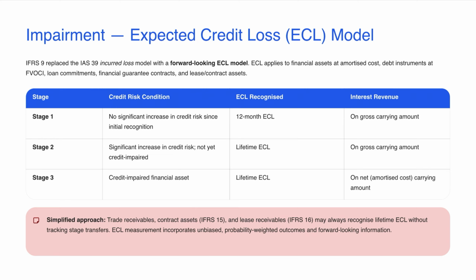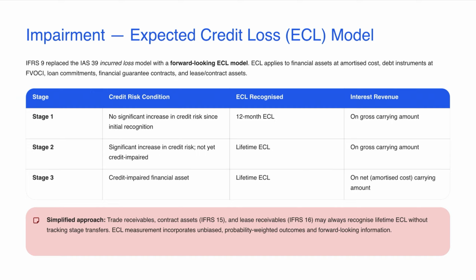Stage 2. There has been a significant increase in credit risk, but the asset is not yet credit impaired. Now we recognize lifetime expected credit losses. Interest revenue is still calculated on the gross carrying amount. Stage 3. The financial asset is credit impaired. Lifetime expected credit losses are recognized and interest revenue is calculated on the net carrying amount.